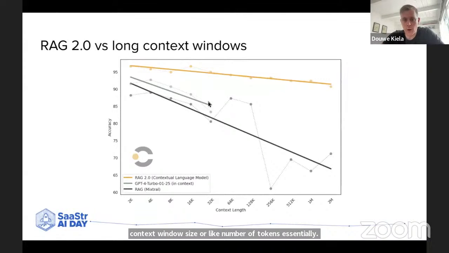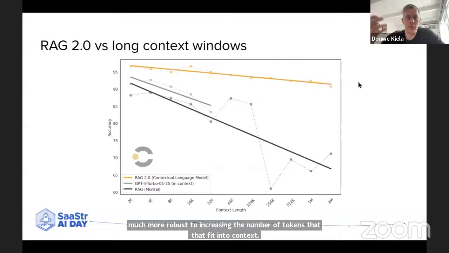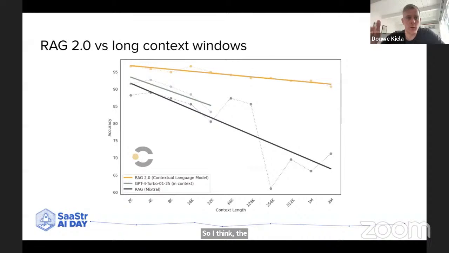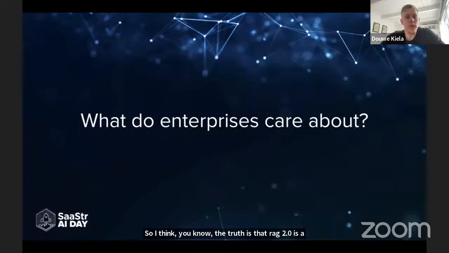This is GPT-4 up to 32K tokens, which is quite a substantial amount of information, on a needle in the haystack data set. You can see that the RAG 2.0 system is much more robust to increasing the number of tokens that fit in the context. So I think the truth is that RAG 2.0 is a more efficient way of dealing with long context problems.